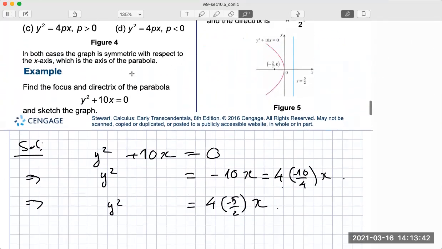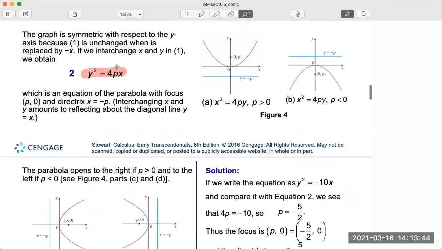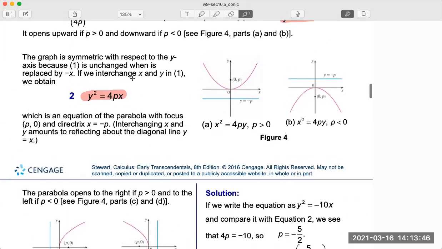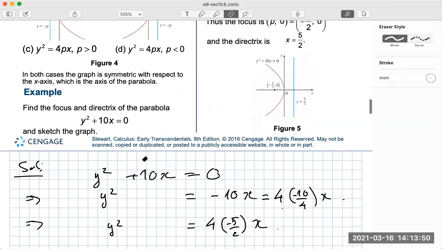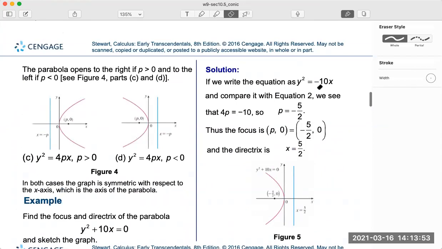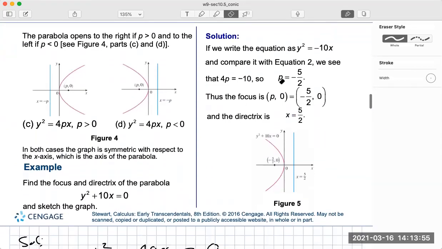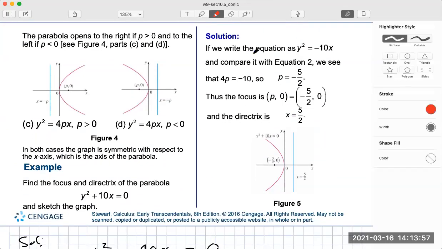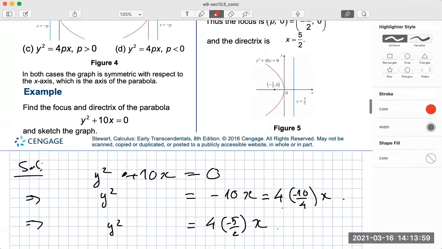So look at this in the notes here, right? The p, therefore, what is p? The value of p, right?